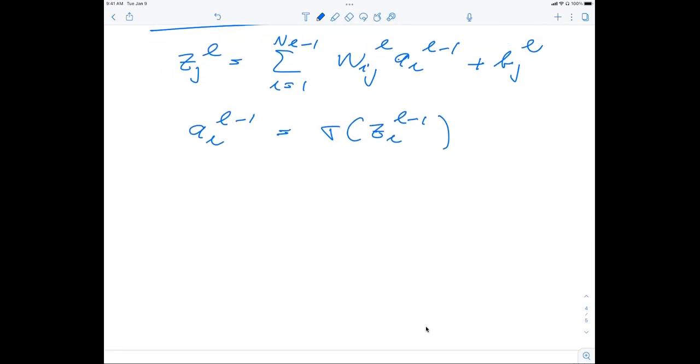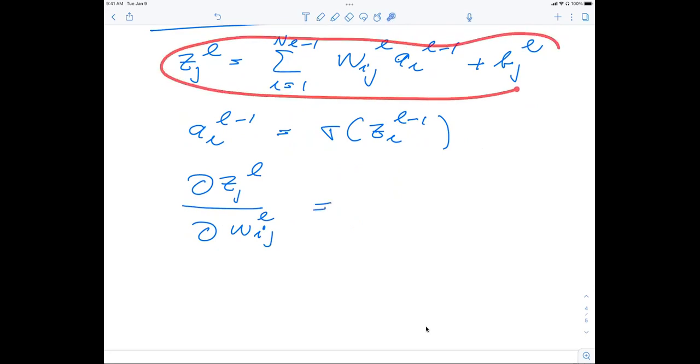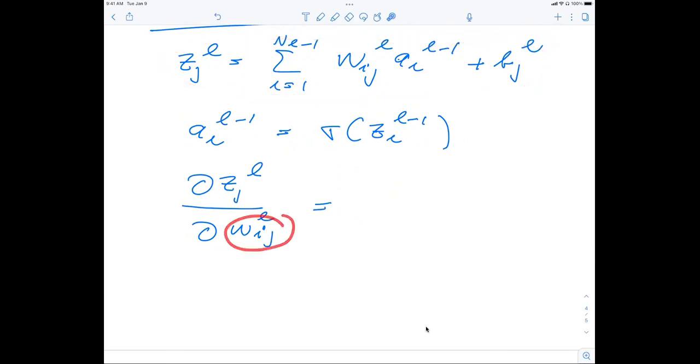One quantity which we can immediately read off from the equation for z_j of L is the derivative with respect to the weights w_ij. Because we have fixed a specific weight w_ij, if we just read it off, we see that this has to be equal to a_i of L minus 1. So I guess that's pretty straightforward.